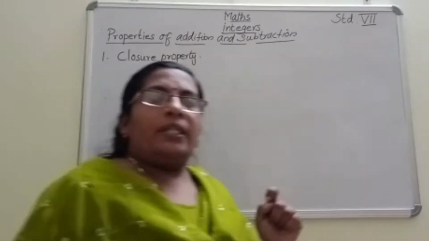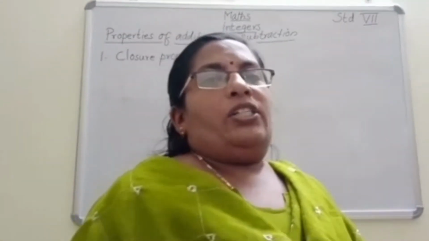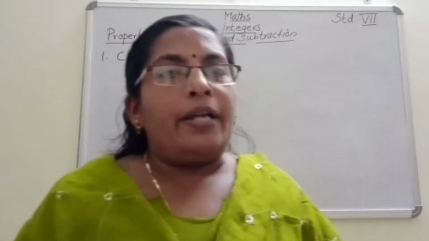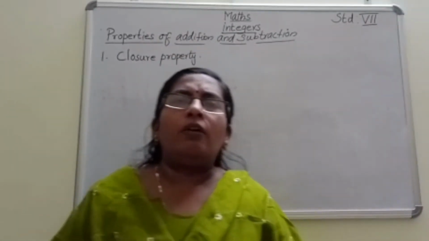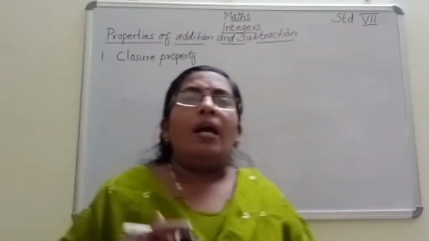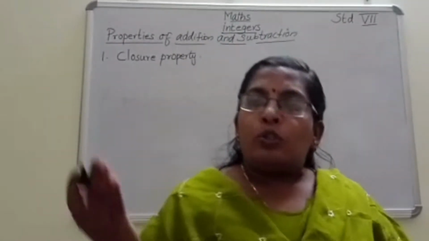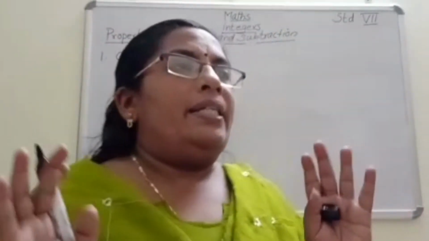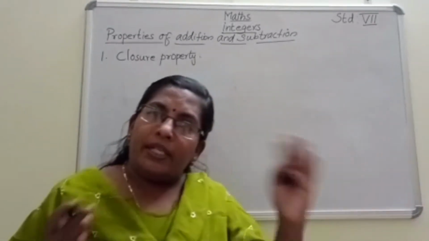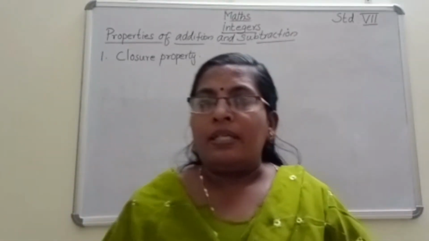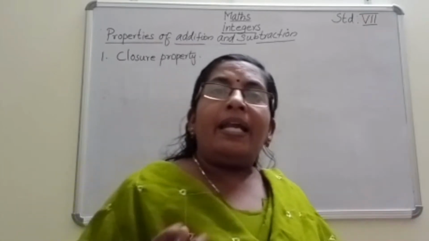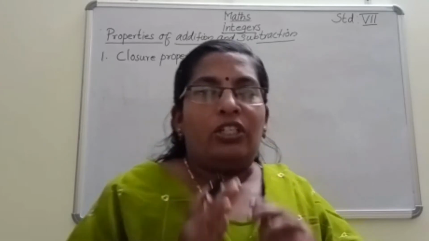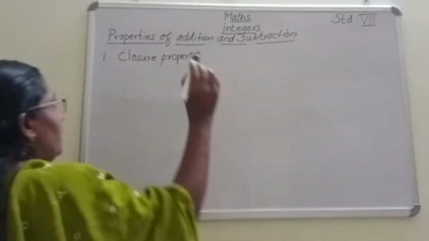How does the closure property work in addition? When we add two integers, whether positive or negative, the answer must be an integer. What is the rule? If we add two integers, we will get an integer.